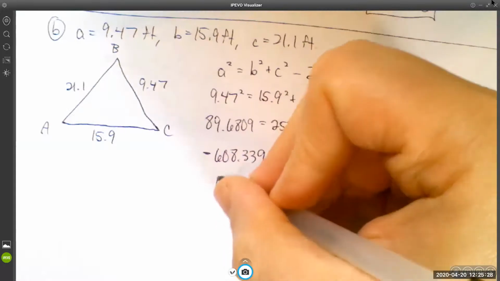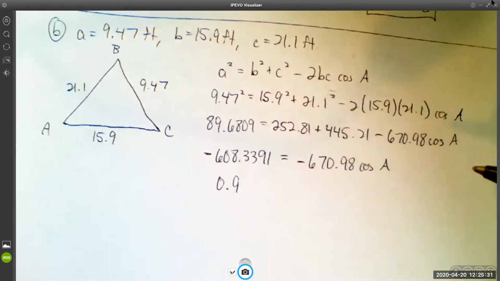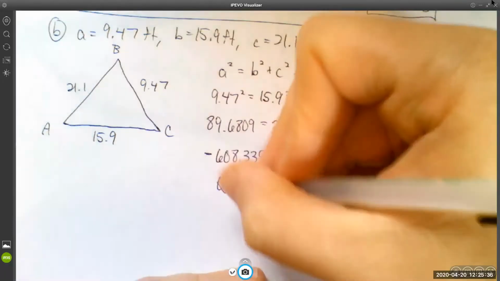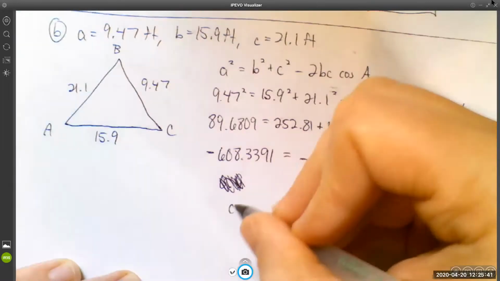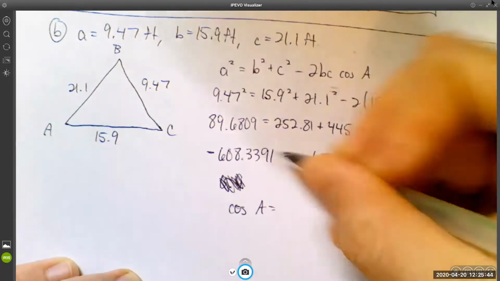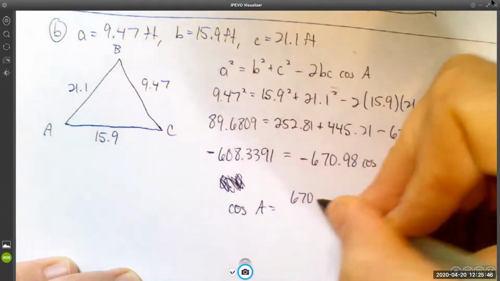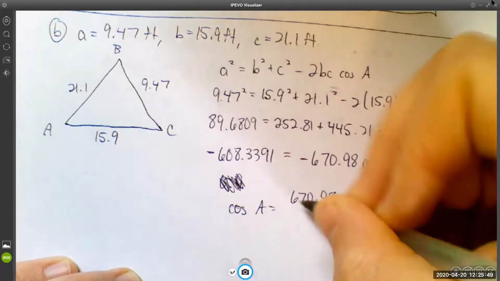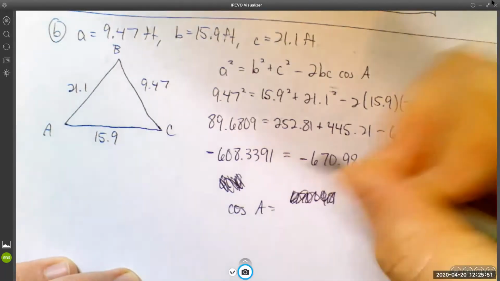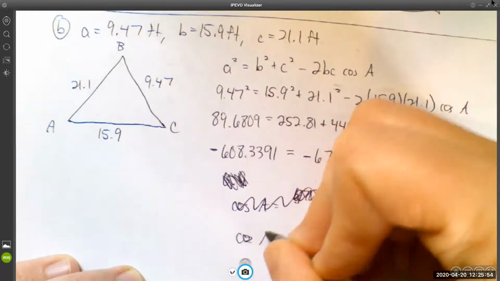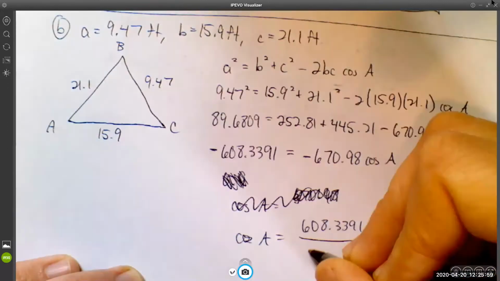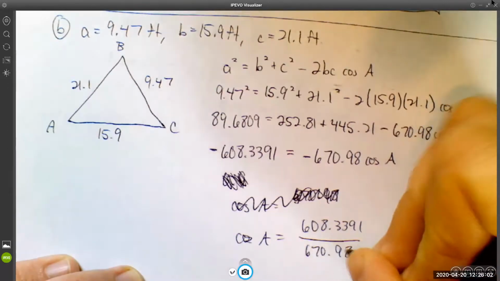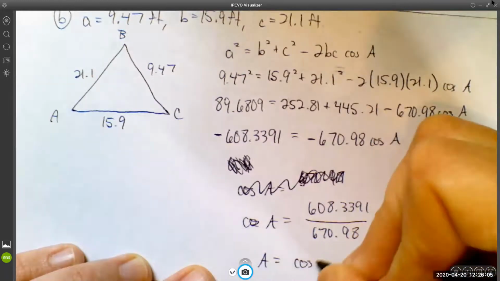That comes out to 0.9... Oh, how many decimals do we have? A bunch. Well, maybe this is where I'm not going to write down the decimal. I want to keep the exact answer. So I'm going to say cosine A equals, the negatives will cancel, 608.3391 divided by 670.98. That means A is cosine inverse of that.